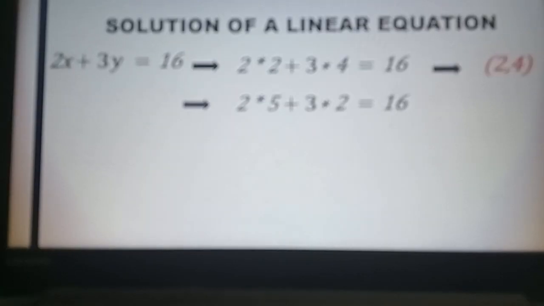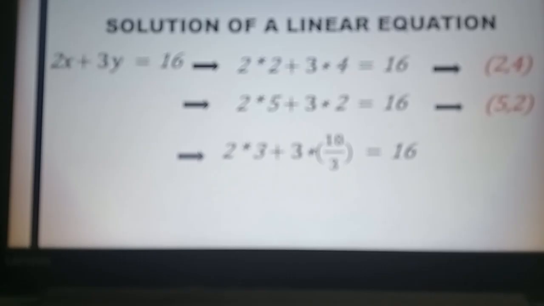I can find another solution also. I will take the value of x as 5 and y as 2. So I will get the same answer. So my solution may be (5, 2). Again, a third pair of solution I can take, that is x value as 3 and y value as 10 upon 3.